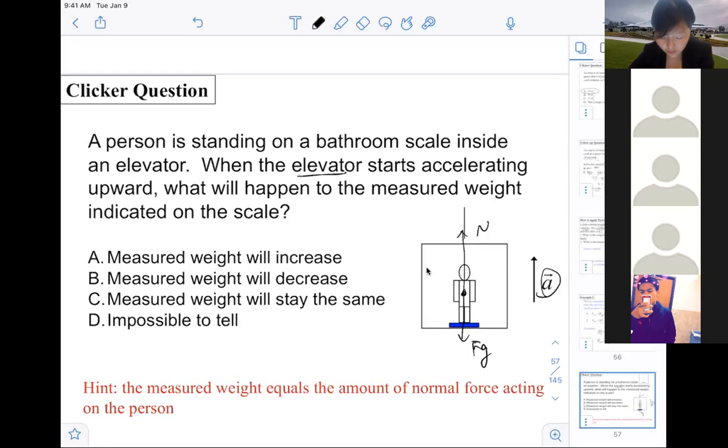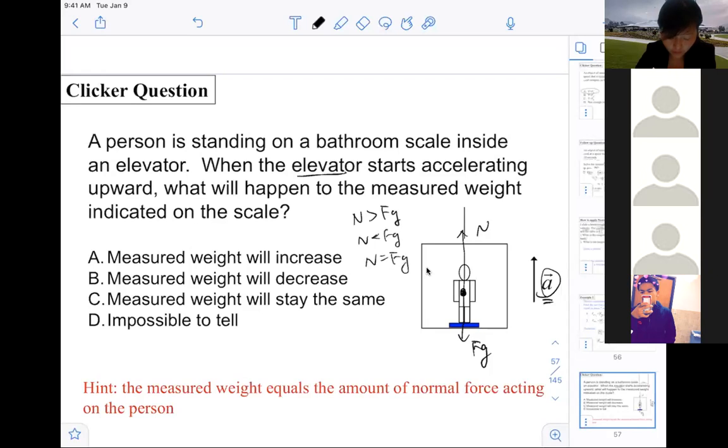There are two forces acting on the person right now. That's your gravity and the normal force, because you're only in contact with the scale. So other than the long range force gravity, the only other force is provided by the scale that you're in contact with. So normal force and F of G. With acceleration being upward, you need normal force to be bigger than mg, or smaller, or are they equal?